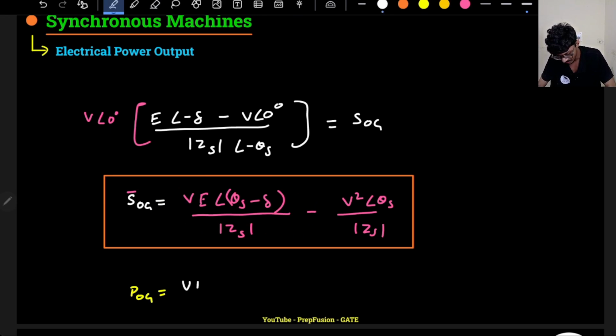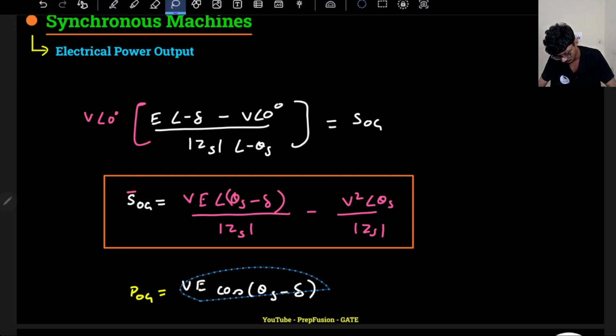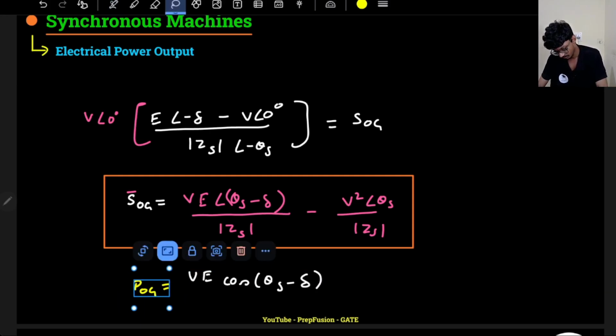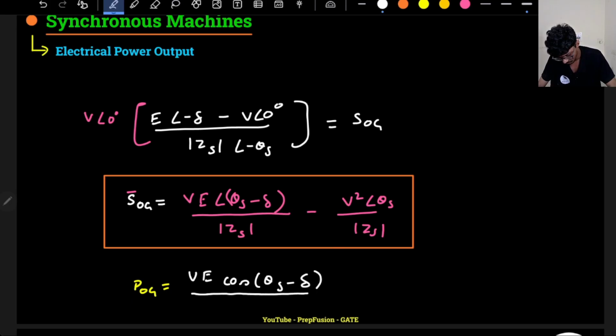So this will be VE cos of theta s minus delta divided by magnitude of Zs minus V square into cos of theta s divided by magnitude of Zs.